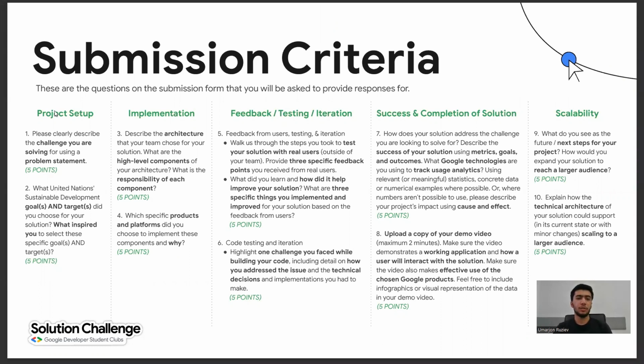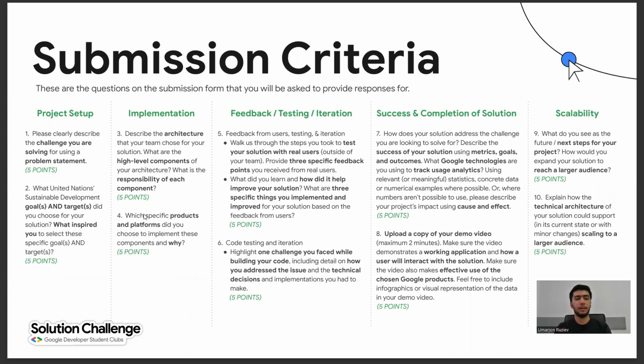For each question, for example, there was a question about project setup. They gave 5 points, and 5 points like SDG goals you are targeting and the challenge you are solving. For example, for implementation, if you have clearly identified your architecture or high level components of your architecture, then you will get 5 points for the implementation.